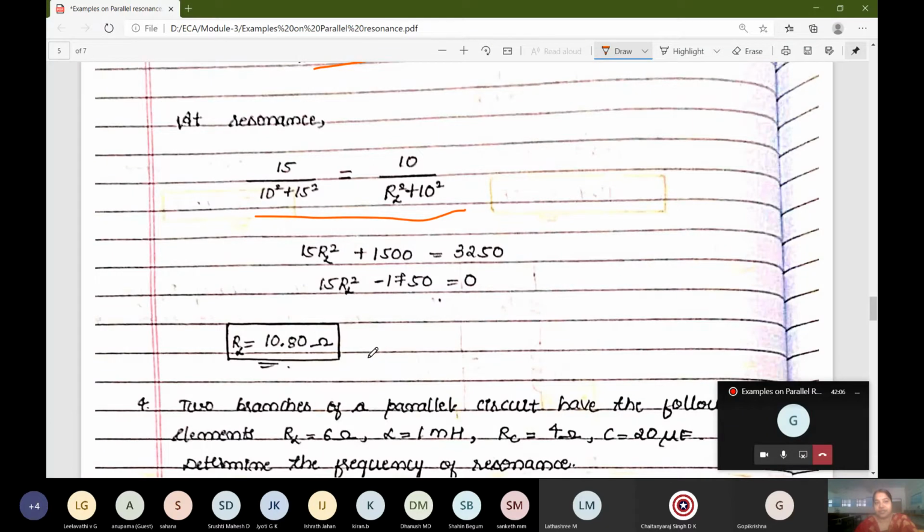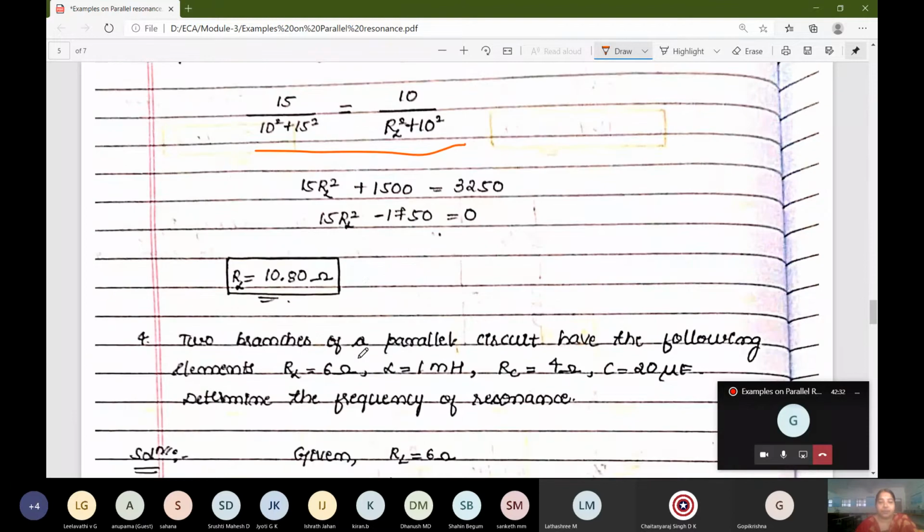Then you will get a simultaneous equation which doesn't have perfect square roots, so you have to go with the formula minus B. There you substitute the constants A, B and C, you will get two answers. Fine. So if they have asked for XL, XC or R, depending on that you substitute. If it is XL, it is 2 pi F RL. If it is XC, it is 1 divided by 2 pi F RC. Based on that you have to go with the formula.